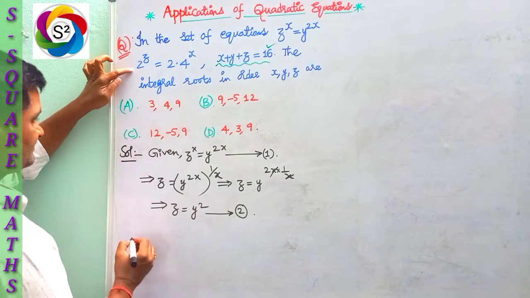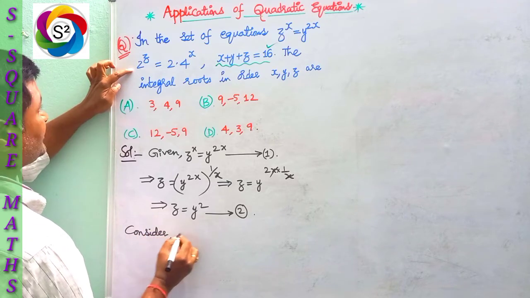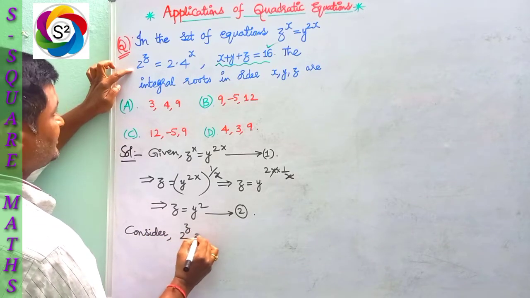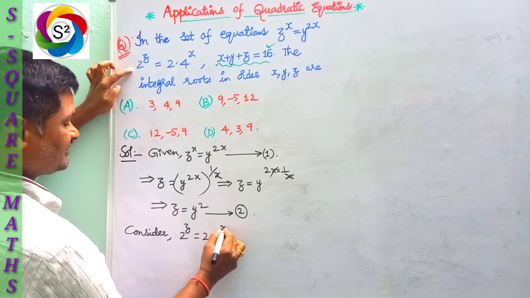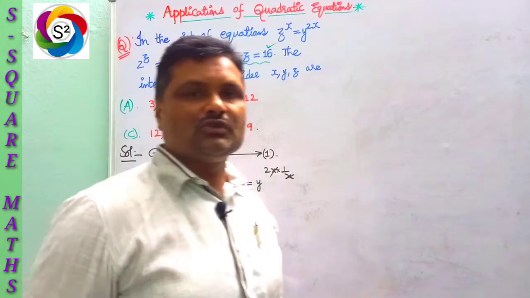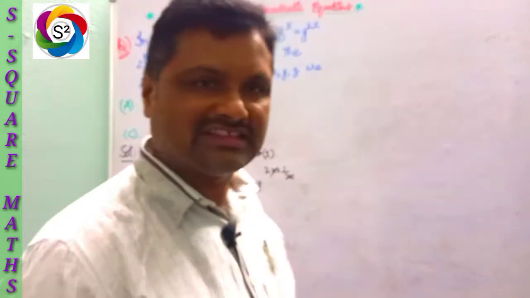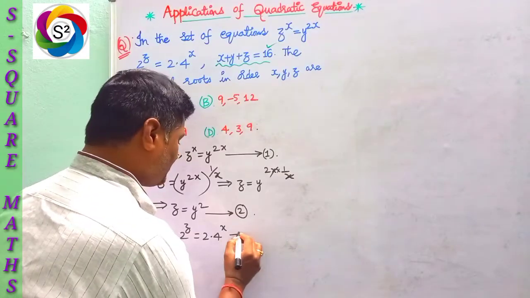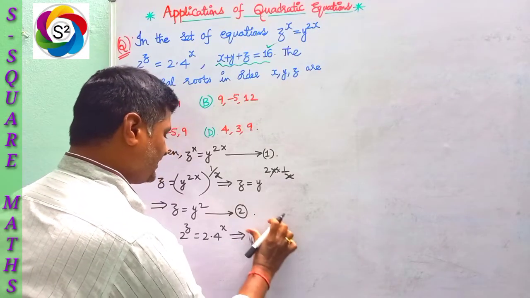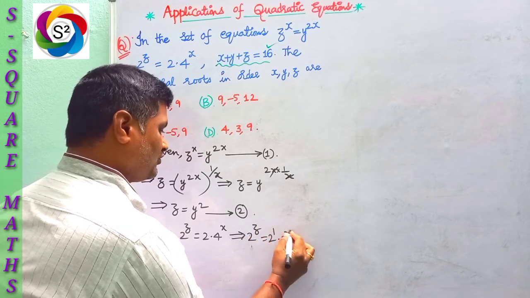Next consider this equation, 2 power z is equal to 2 into 4 power x. If you observe carefully, on the LHS you have base 2, and on the RHS you have the bases 2 and 4. So transform into the same base. This implies 2 power z, I can write it as 2 power 1 into 2 square whole power x.